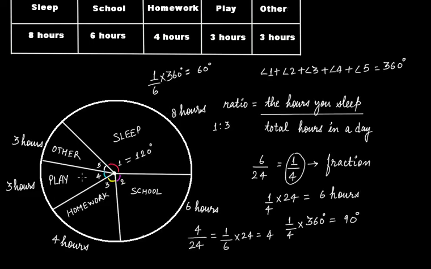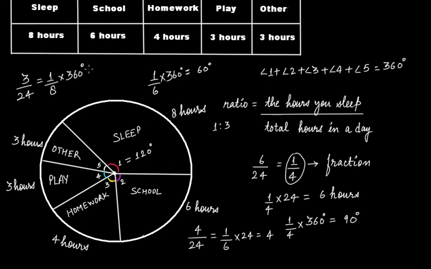Now, here the ratio 3 to 24 comes as 1:8. That is 1/8 fraction of 24 hours is equal to what? 3 hours, right? So 1/8 fraction of 360 degrees will be equal to what?